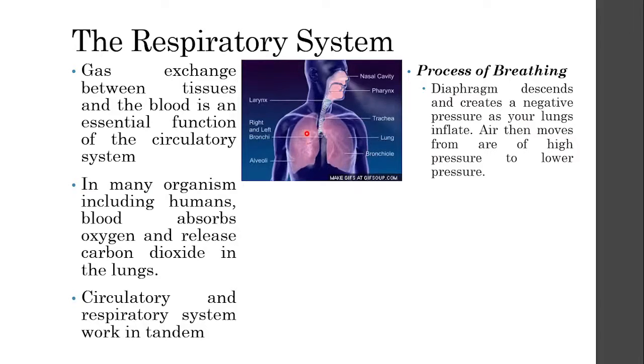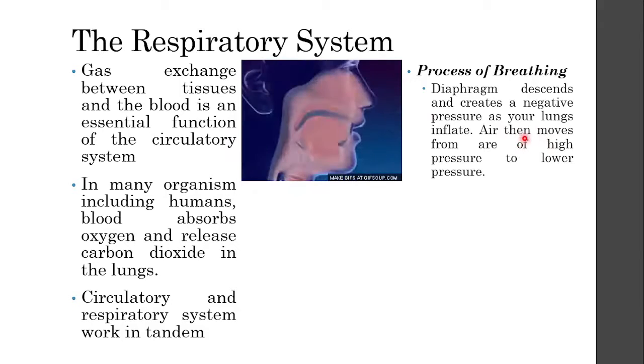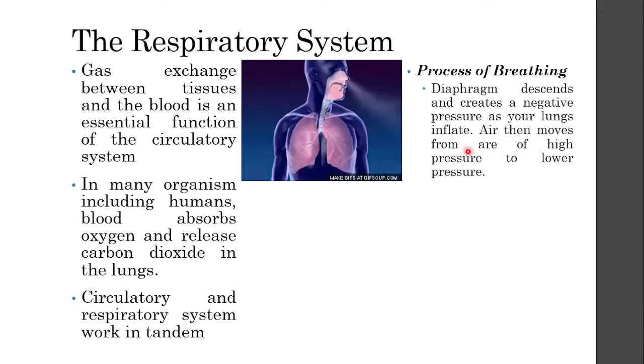What that means is that there is now a much lower pressure inside our lungs compared to the pressure in the environment, which allows air to move from the environment, which has a high pressure, to an area of lower pressure, which is now inside our lungs. And that's how we actually breathe. That is the physics explanation of how we breathe.